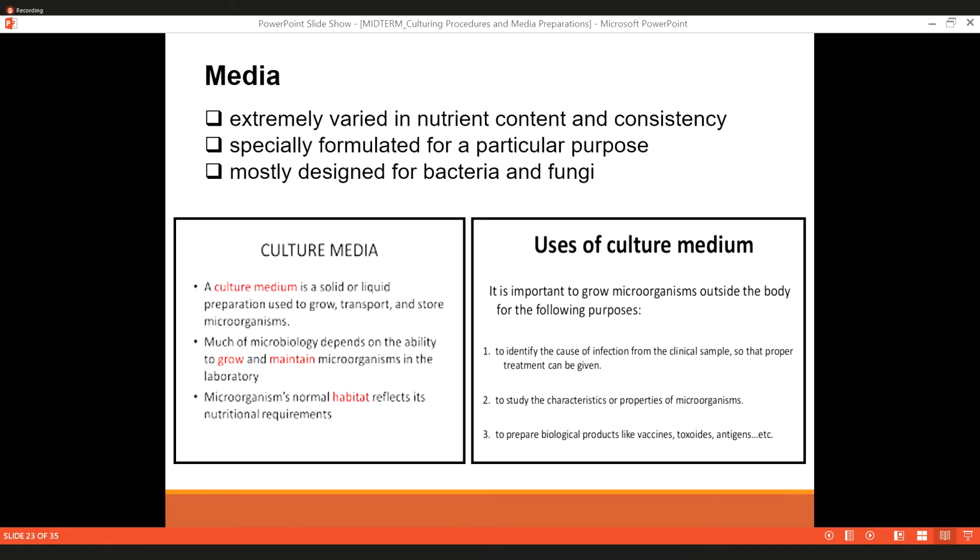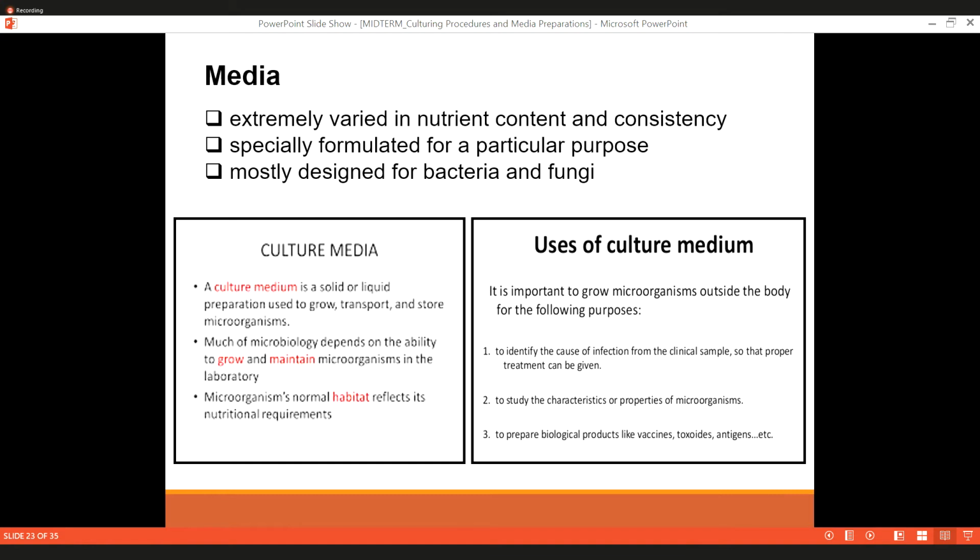Then the media class is mostly designed for the isolation of bacteria and fungi. Aside from that, our culture medium is considered to be a solid or liquid preparation used to grow, transport, and store microorganisms.